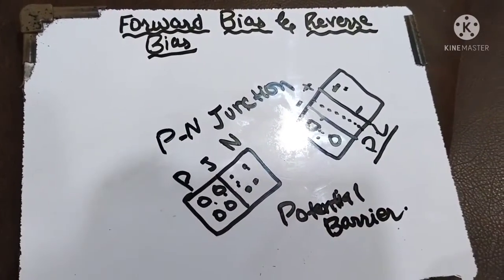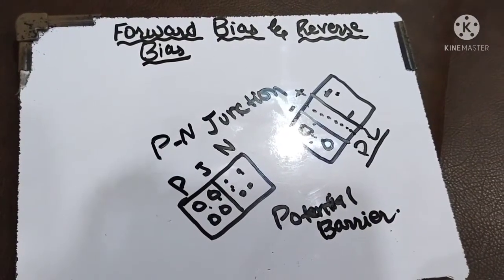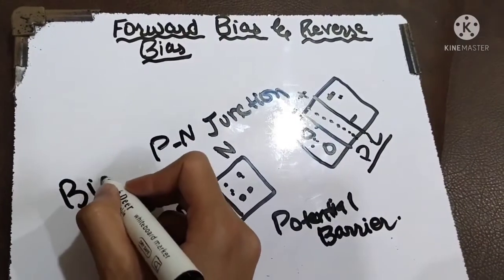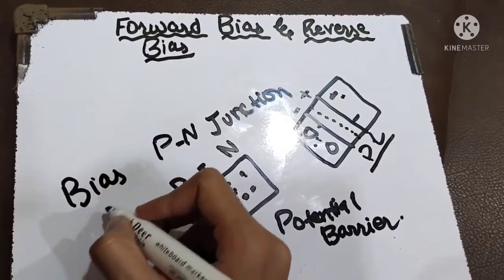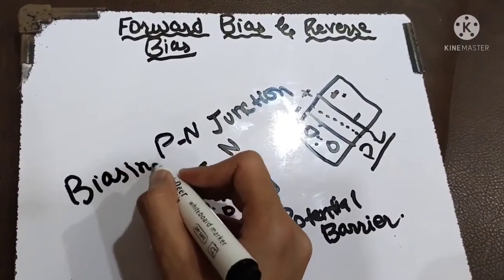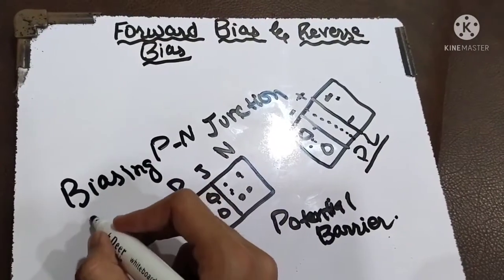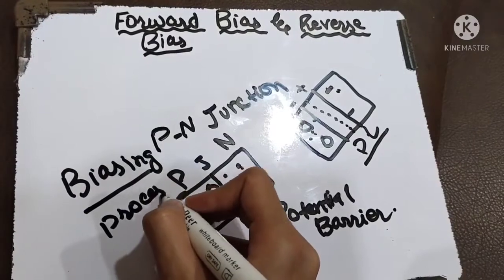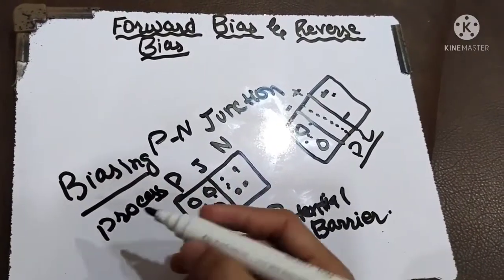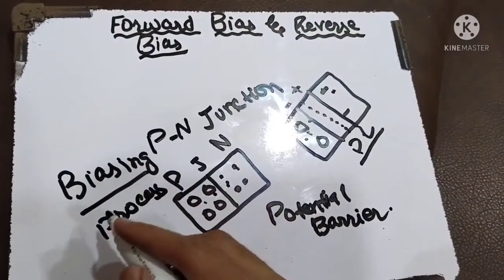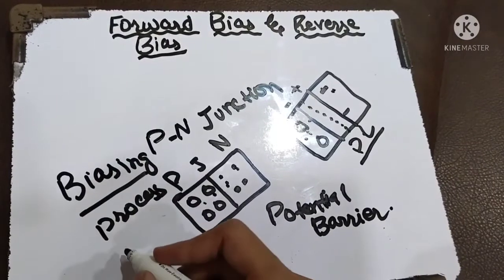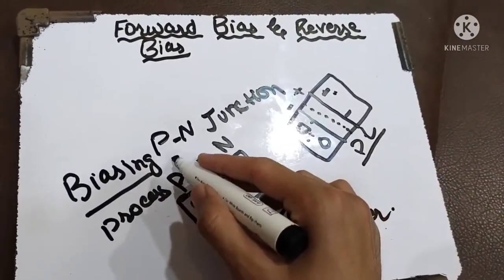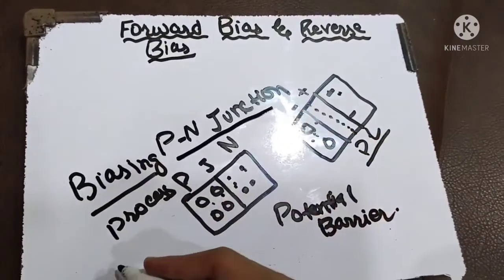Now we will start with forward bias and reverse bias. First of all, what is bias or biasing? Biasing is a process of connecting a PN junction diode in a circuit.